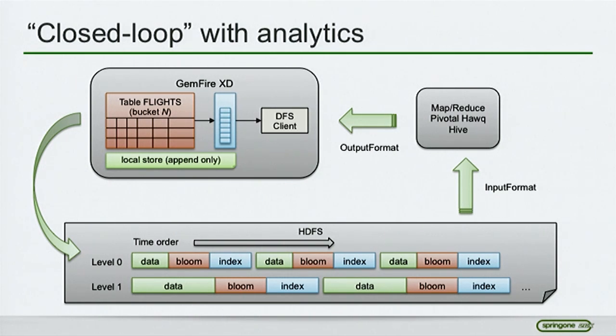We support this notion of an input and output format. How many of you know input-output format inside Hadoop? Okay, a couple of you. If you look at Hadoop in general, it has a nice pluggable mechanism that says the data is coming from all sorts of sources and in all sorts of formats. How do I do a map-reduce where the mapper gets a record that I want to transform before the mapper sees it?